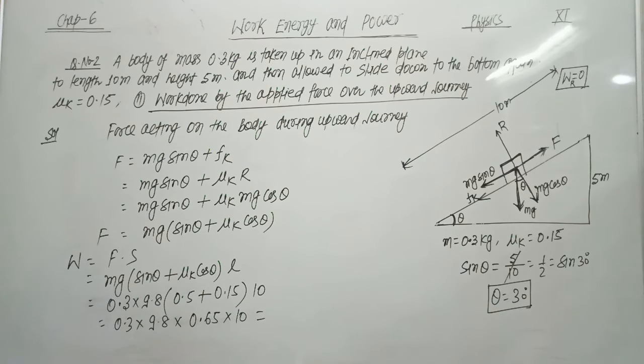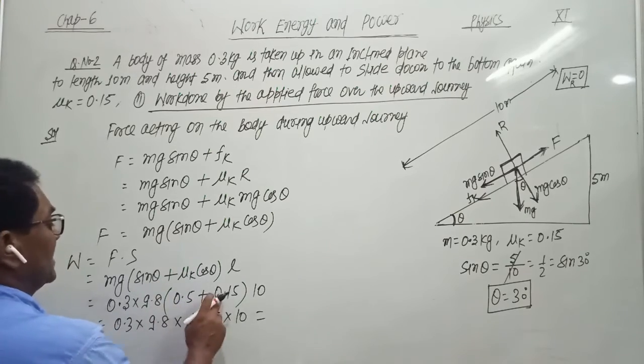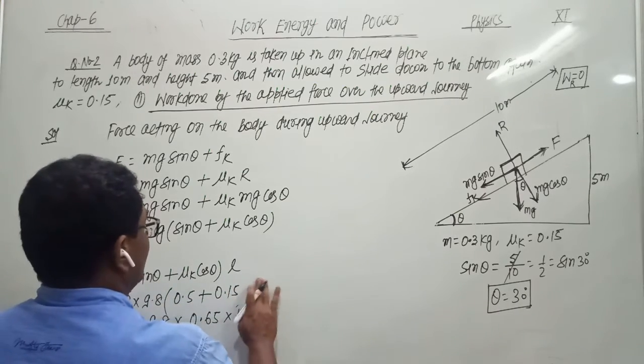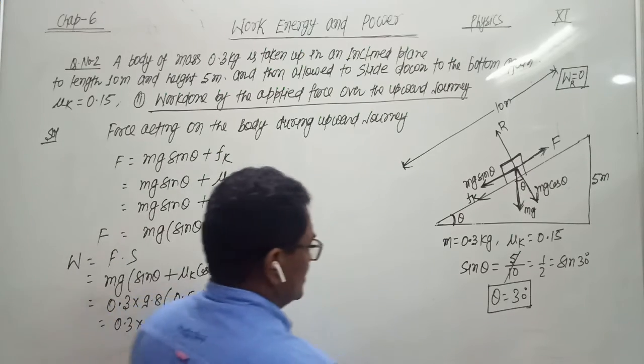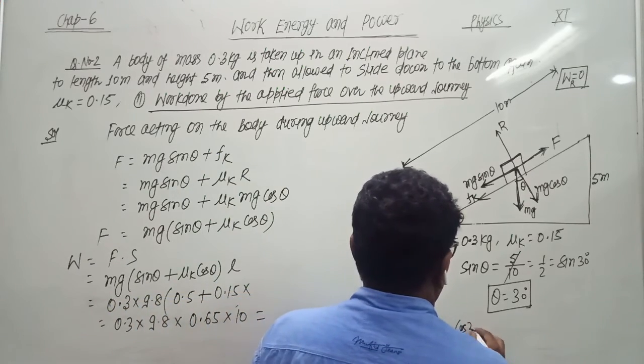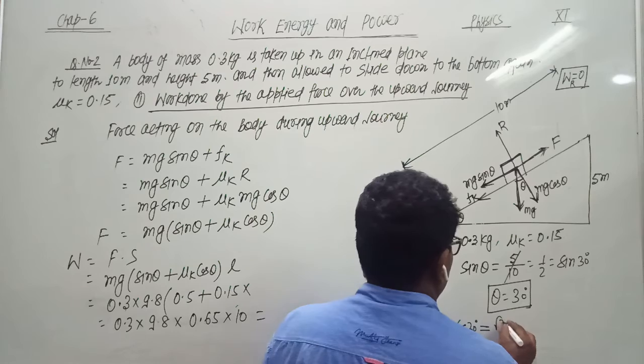Sin theta plus mu k into the value of cos theta, cos 30 degrees, which is root 3 by 2.